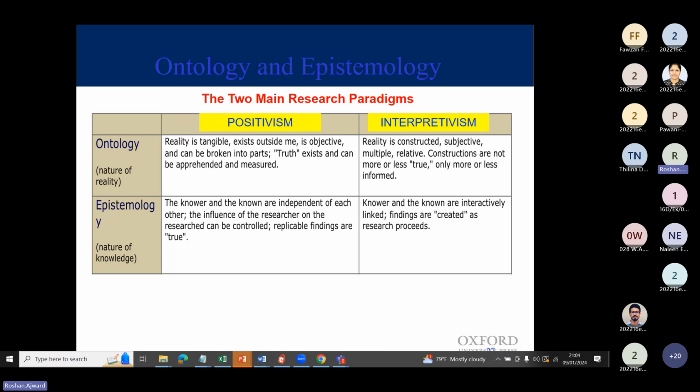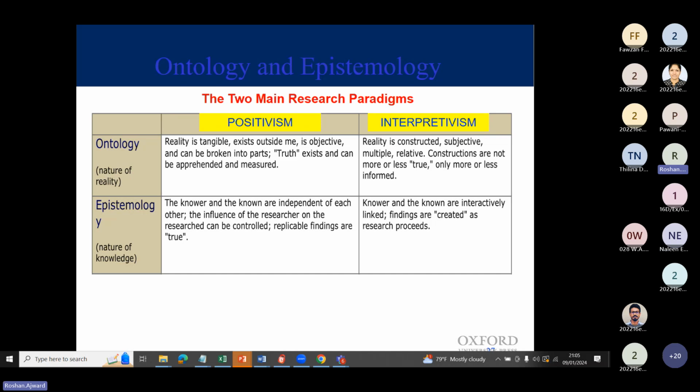The positivistic researchers will say Facebook is good. That's it. But interpretivistic researchers will say there are different perceptions about Facebook. Different people will say different things. You see, the same thing could be looked at in different ways.